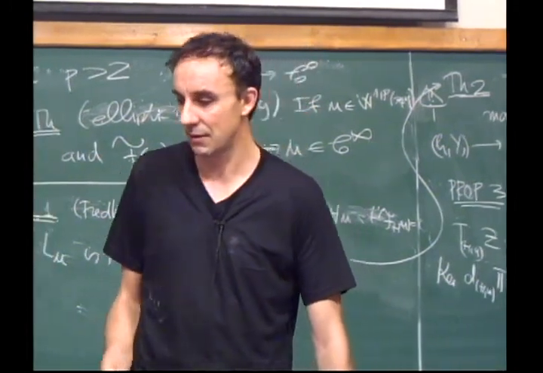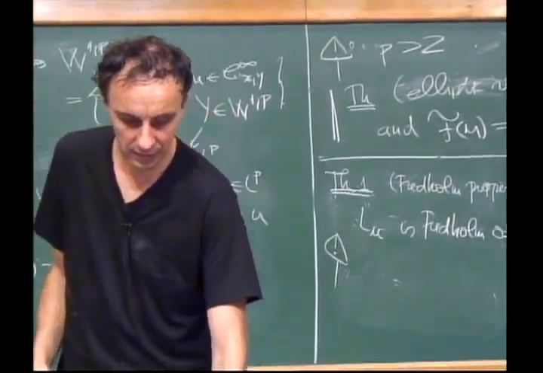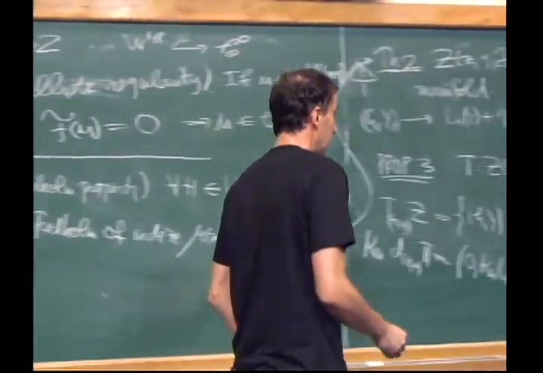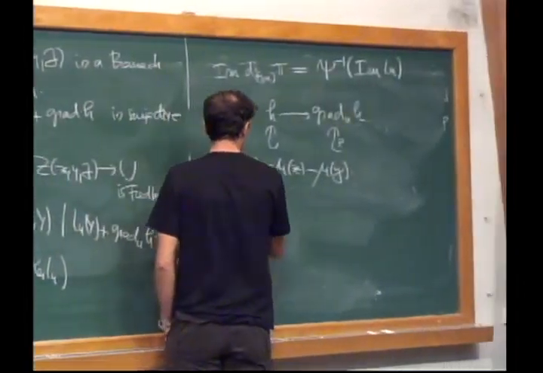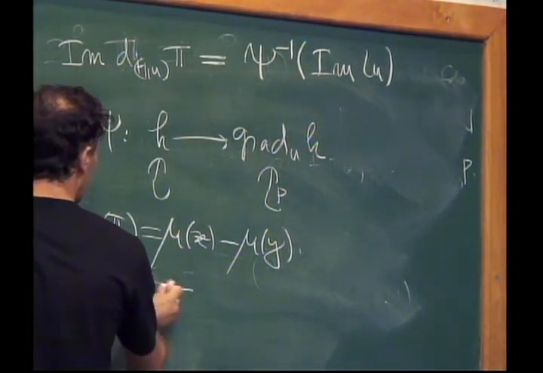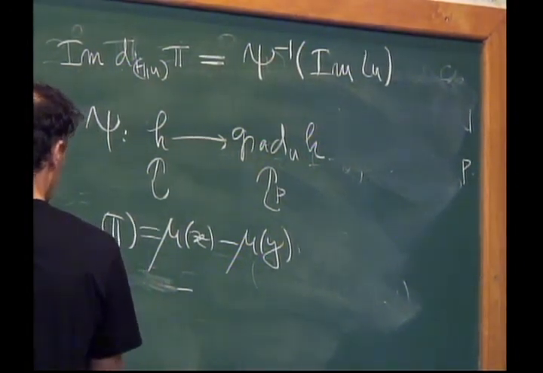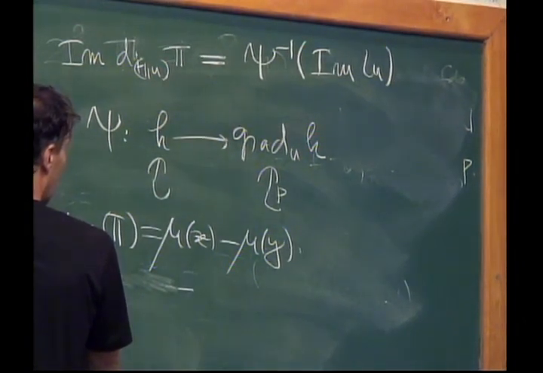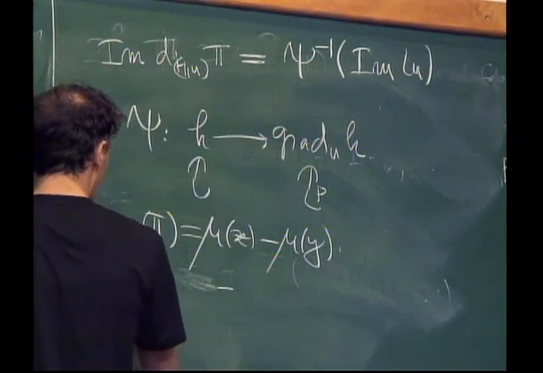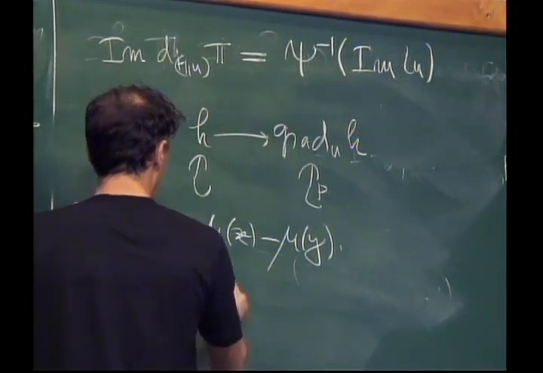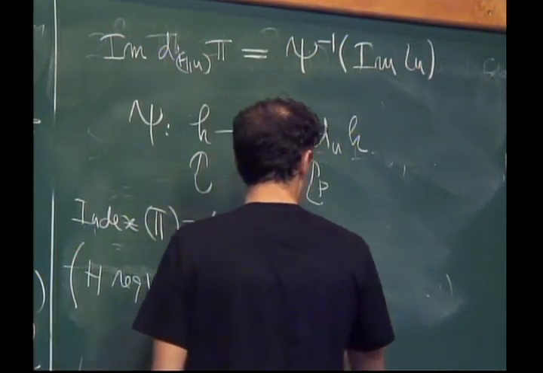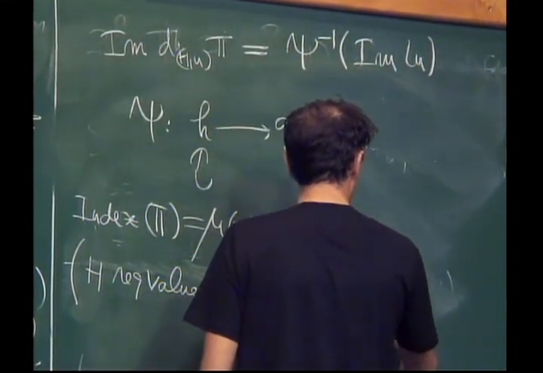Okay, and this is all I wanted to say about the transversality. One can also say that H is a regular value of pi if and only if L_u is surjective, actually.